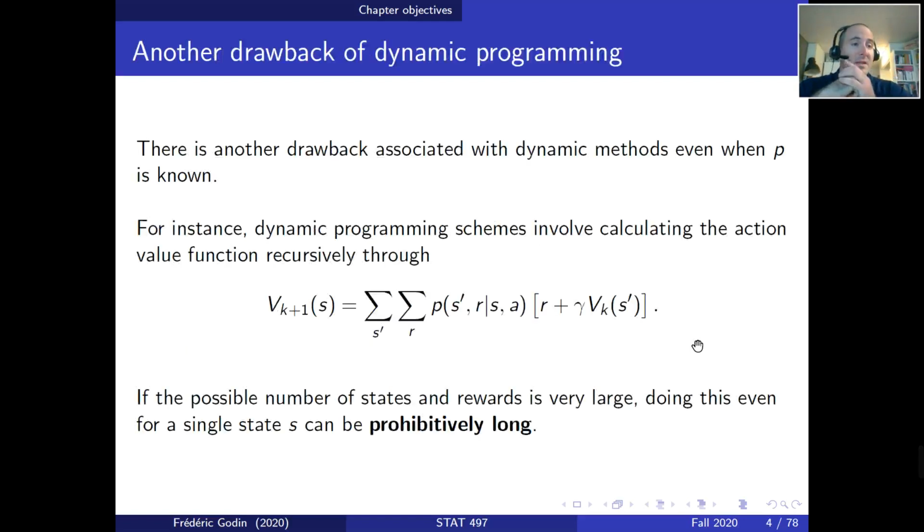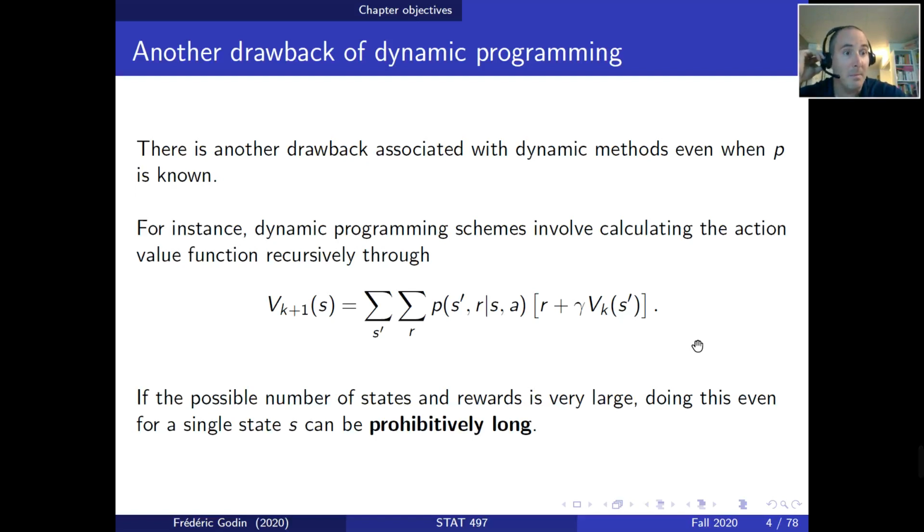So this is one issue. Sometimes we don't know P, but there are also other issues we haven't discussed yet. Let's say we have a fixed policy, for instance, and let's assume we want to do some policy evaluation, which is we want to estimate the value function.